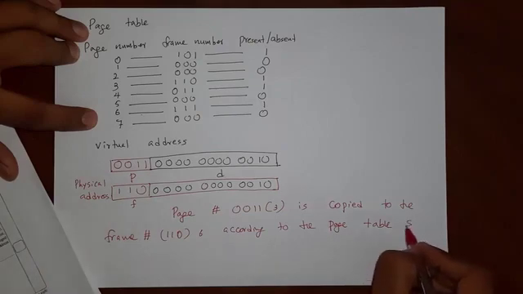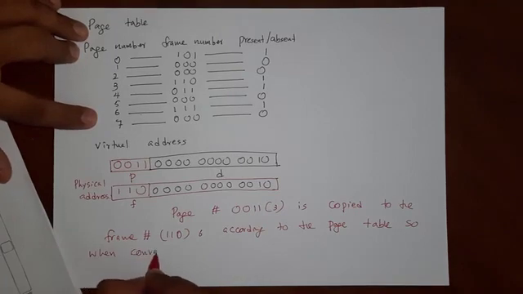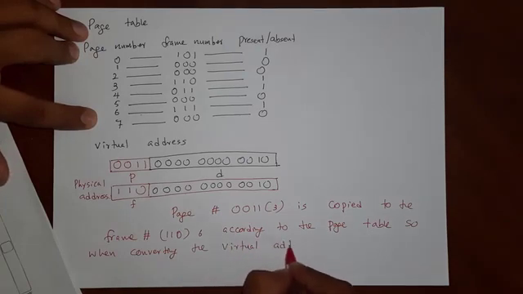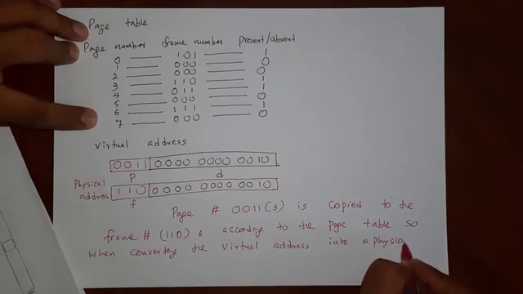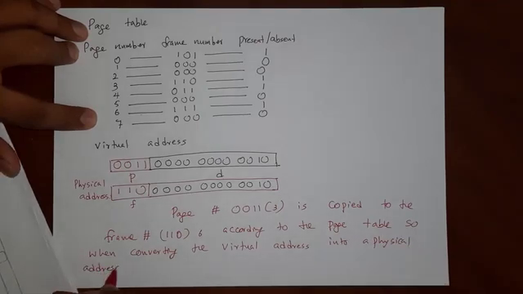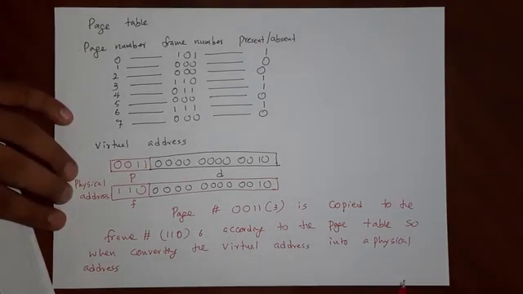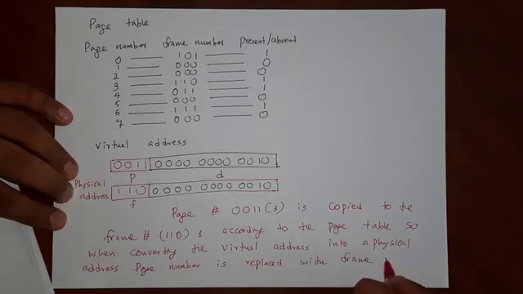So when converting a virtual address into a physical address, the page number is replaced with the frame number.